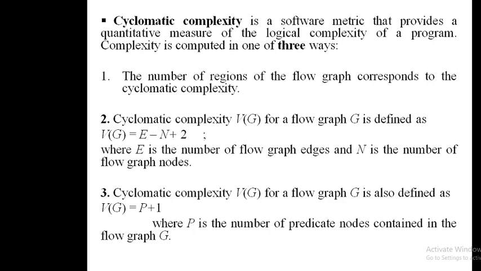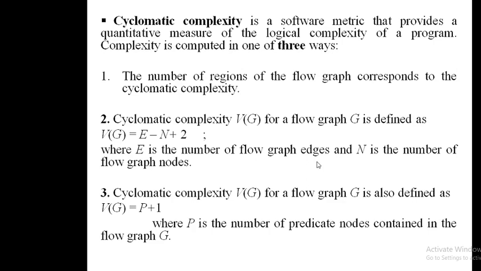To know the number of paths in the flow graph, cyclomatic complexity helps you. Complexity is computed in one of three ways. That means we can compute the cyclomatic complexity value by using any one of these three ways.